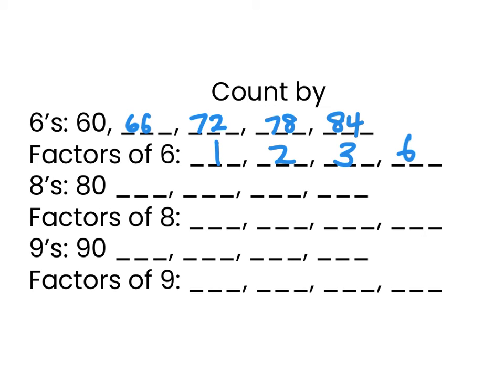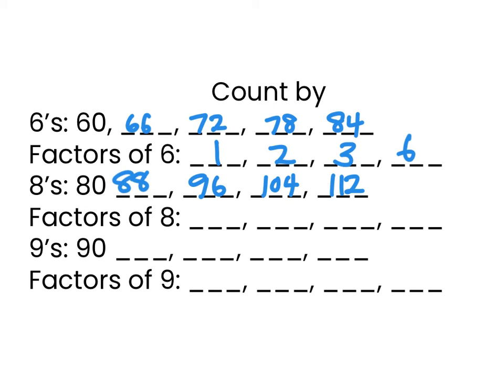Now we're going to do our multiples of 8. So we're going to move on from 80 by 8. So we're going to go 80, 88, 96, 104, and 112.